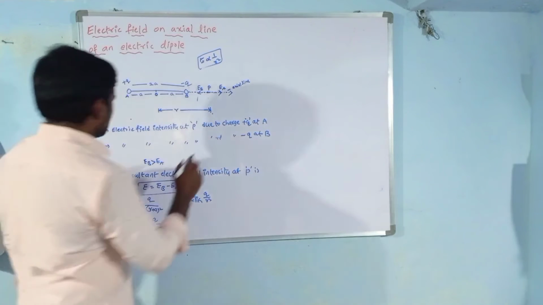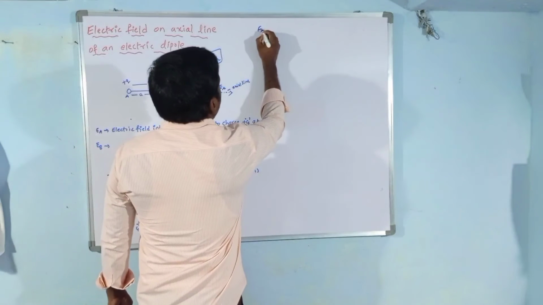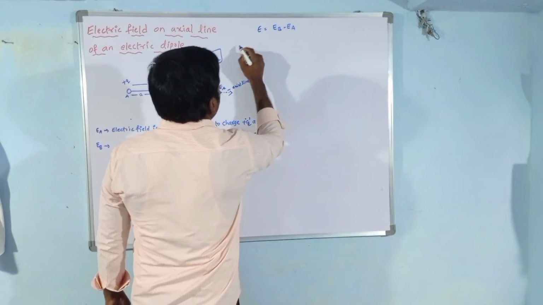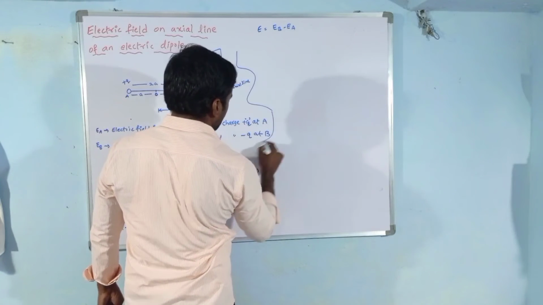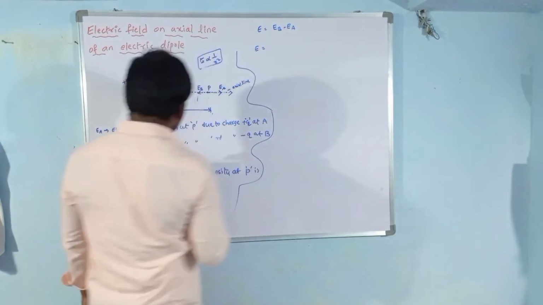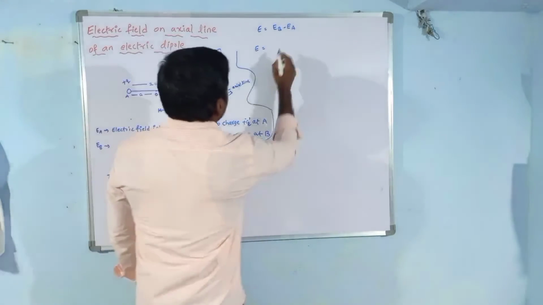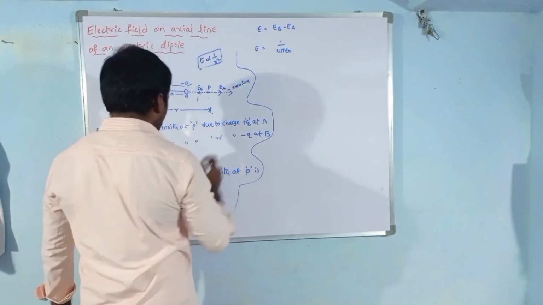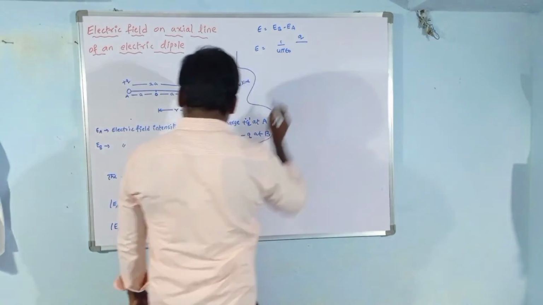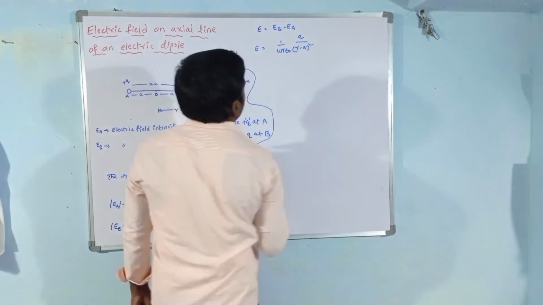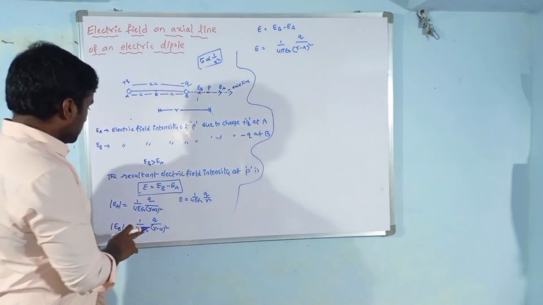Now E is equal to EB minus EA. See here, what is EB? That is 1 by 4 pi epsilon naught Q by R minus A whole square. So that is EB.